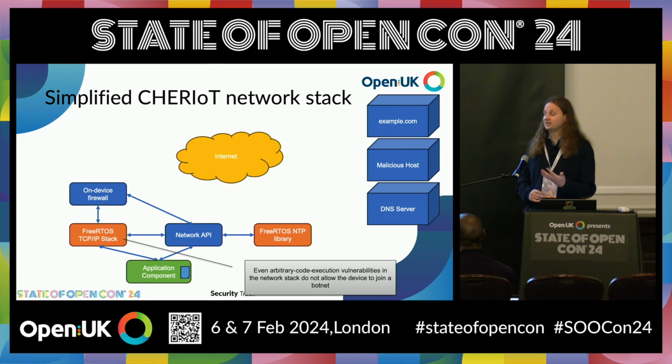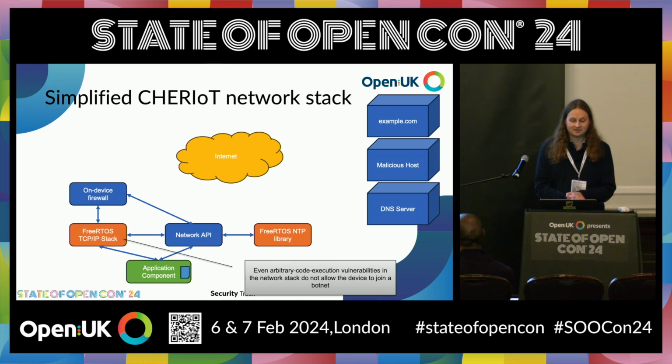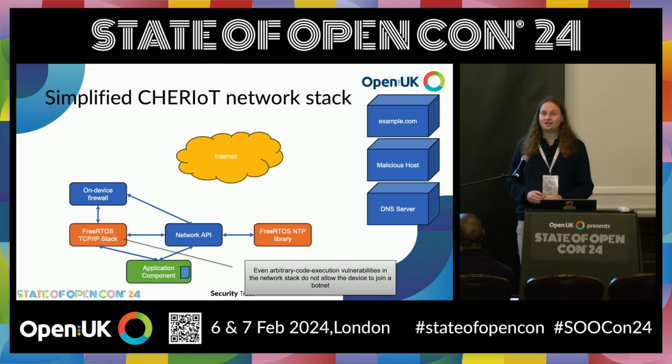And if you contrast this with something like Linux or Windows, where your on-device firewall and your network stack are both in the kernel, if you compromise the network stack and you get arbitrary code execution, well, now you can just go and turn off the firewall. There's a very narrow interface between these two, which is really just pick packet, put packet. And so there's no access between these two for the control plane for opening and closing firewall holes.